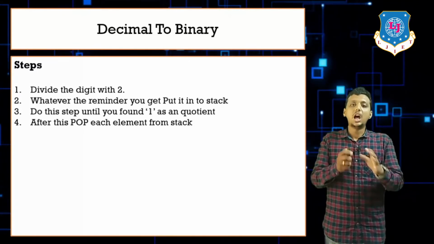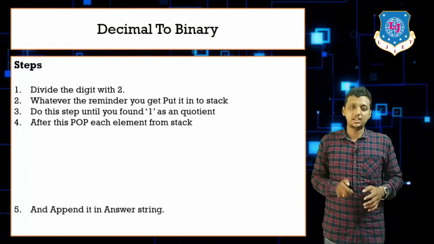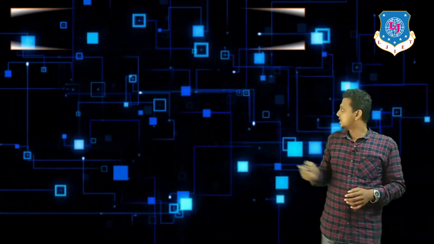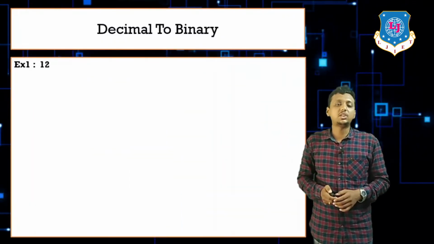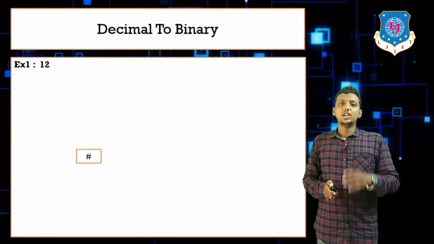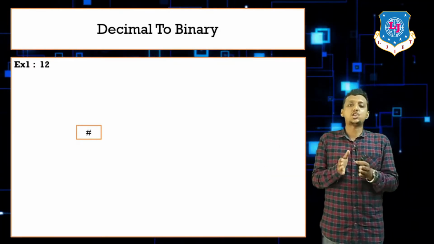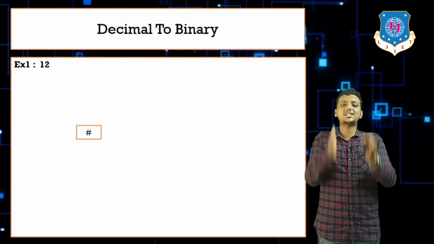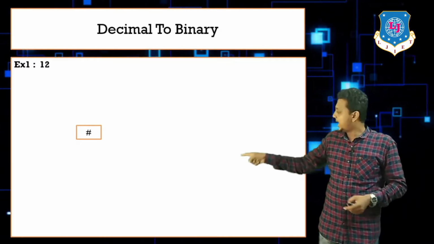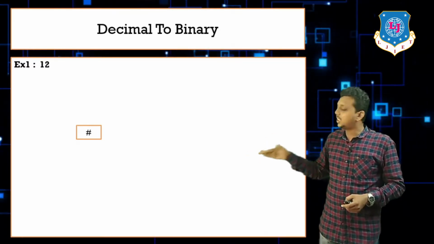Let me show you how this works. The first number, students, is 12. First, do not forget, I'm going to initialize my stack with hash. This hash shows the starting point of the stack.